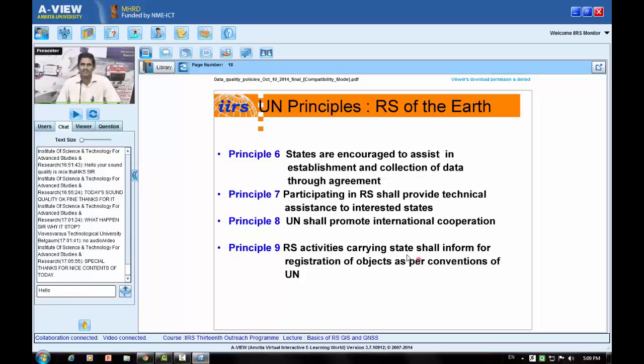They shall promote international cooperation. Activities carried out shall be informed, with registration of the orbit as per the convention of the UN. Suppose you are going to launch a satellite: you should inform the United Nations and take permission. Even nowadays, you launch a satellite for telecommunications, or for TV broadcasting, or for meteorology.